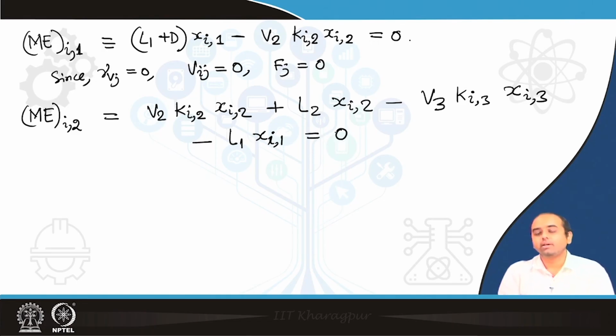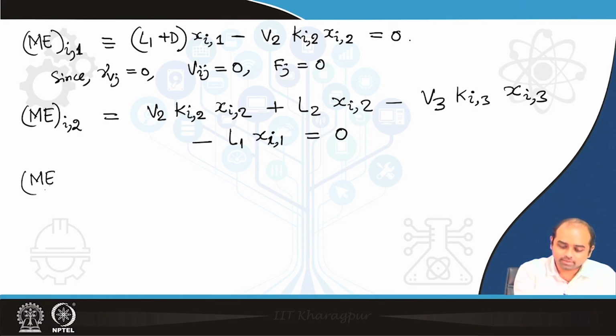So all the vapor and the liquid flow rates are there. There is no side cut, and of course there is no feed tray. Similarly, I am only writing some of the important ones, and the rest would be all similar. ME2 would be similar to ME3 and ME4, etc., except for the feed stage, right?